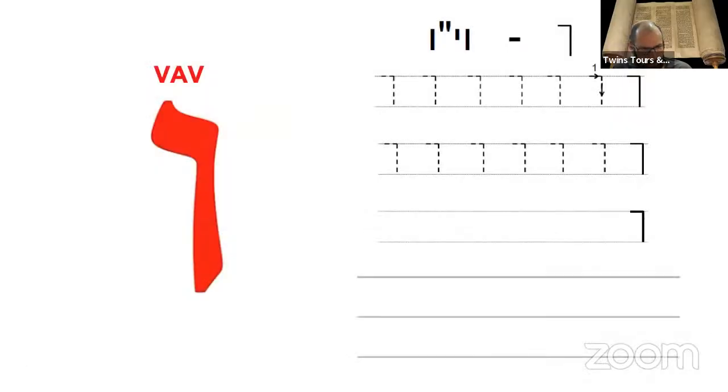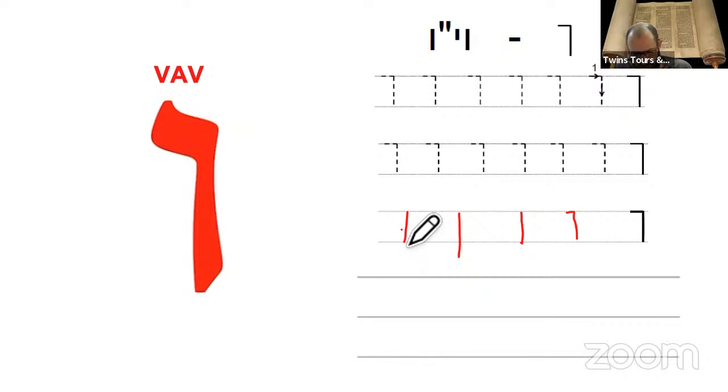And then we learned Vav. Sometimes Vav is a short line on the top and then down, and sometimes with no dots. But you have to differentiate between the Vav and the Nun. The Nun Sofit is longer. And you have to differentiate if there's a dot in the center.